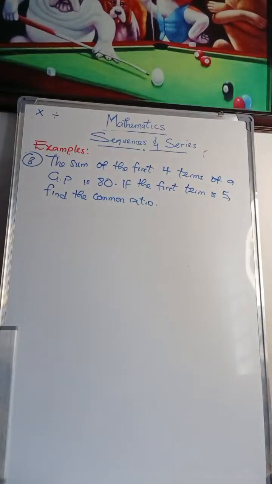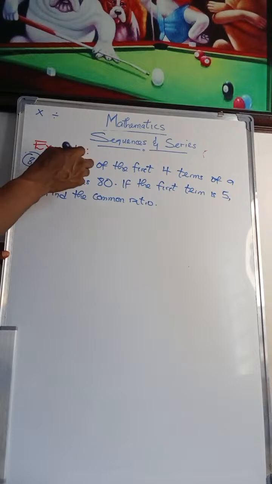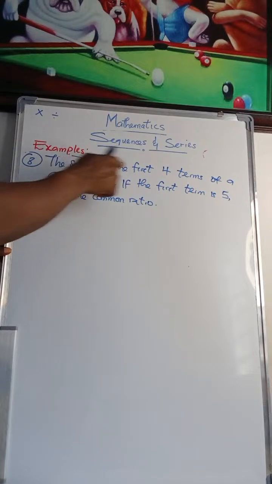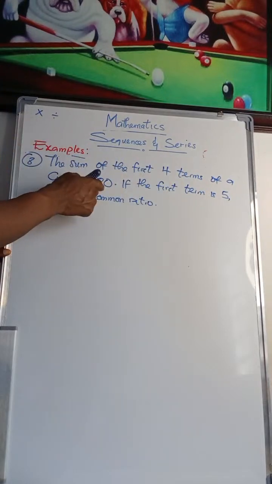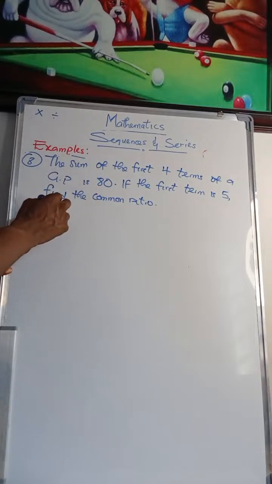All right, so now let's write what we have. This is GP, and you know in GP we have two formulas, and the sum. We are dealing with the sum of the GP. The sum of the first four terms of the GP is already 80. And we are looking for the common ratio.